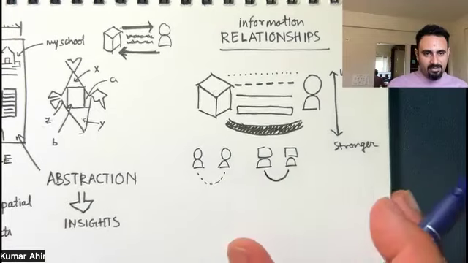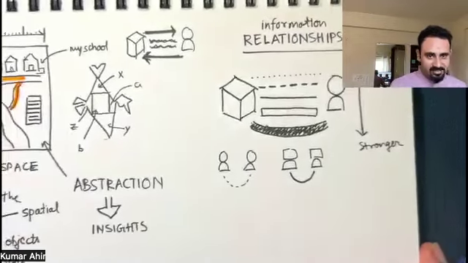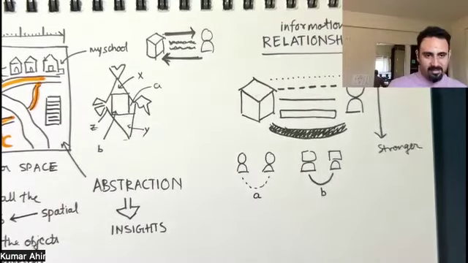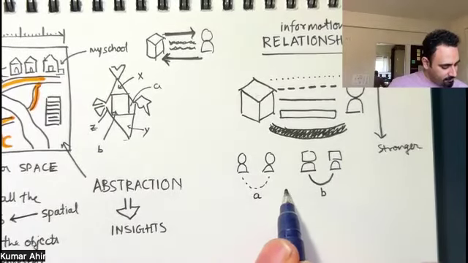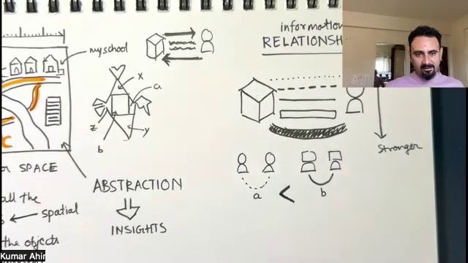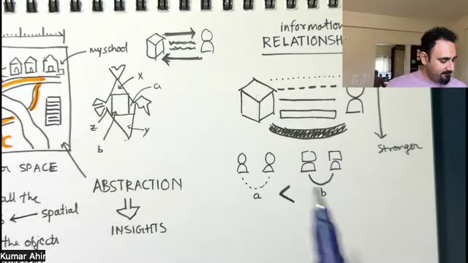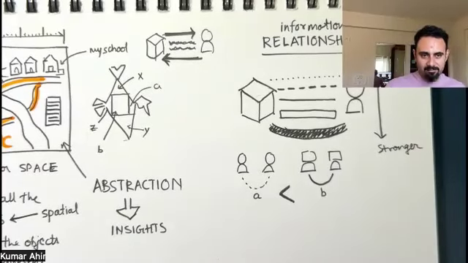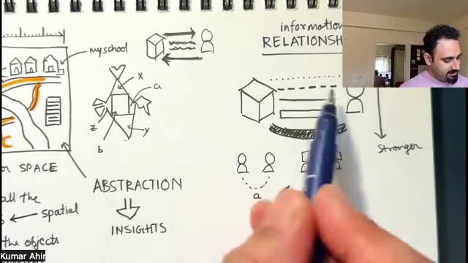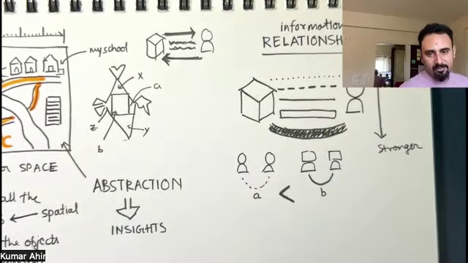And then I ask you to comment on the relationship. Let's say this relationship is A and this is B. Would it be okay to say that relationship B is stronger than A? So like that, I can use the combinations to communicate more information.